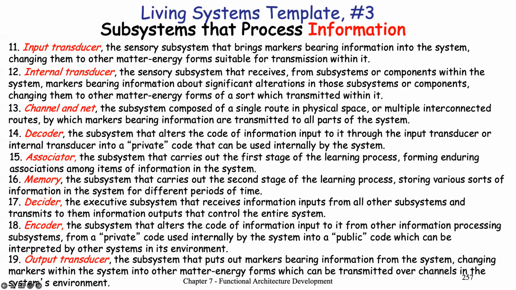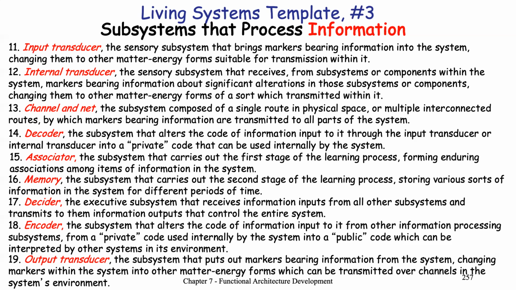There's the internal transducer, the sensory subsystem that receives from the subsystems or components within the system, markers bearing information about the significant alterations in those subsystems or components. You can have multiple channels and a network that has an ability to have components to be interconnected. So there's the ability to have communication. There's the decoding. And so you can have encryption.